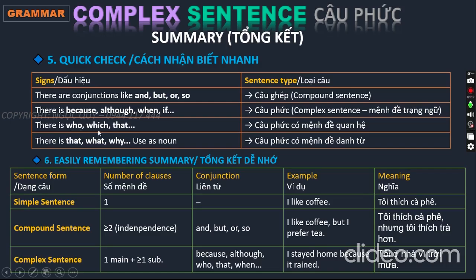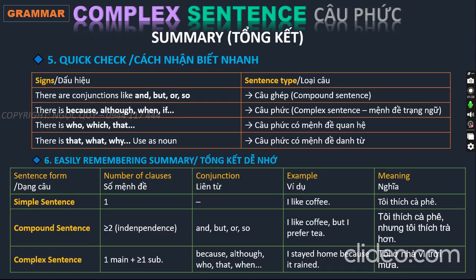There are who, which, that, which make a complex sentence with a relative clause. There are what, that, why used as nouns, which make a complex sentence with a noun clause. And an easy summary to remember.